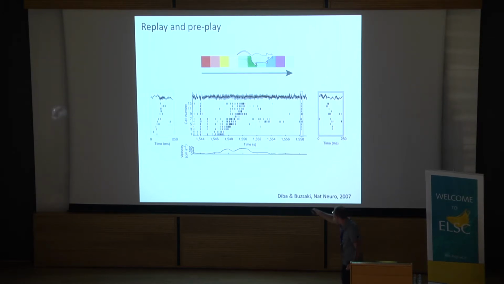And furthermore, if we look before the animal even started moving, so at this point, we also see repetitions of these sequences. And this is thought to be related to planning, so that an animal, when it reaches some junction, let's say, and he has to decide if to go right or left, it has this replay of these sharp waves with different possible trajectories. So these events may be related to planning.